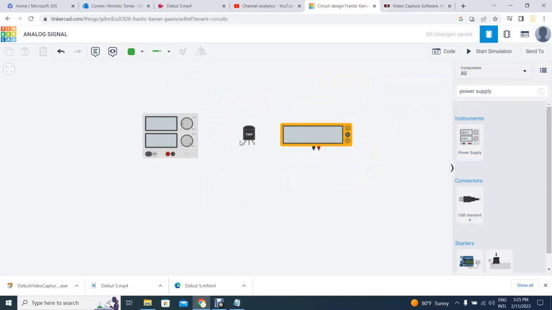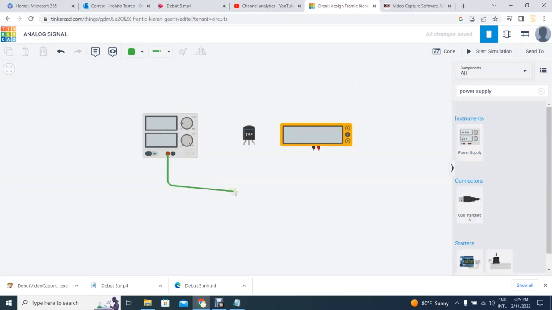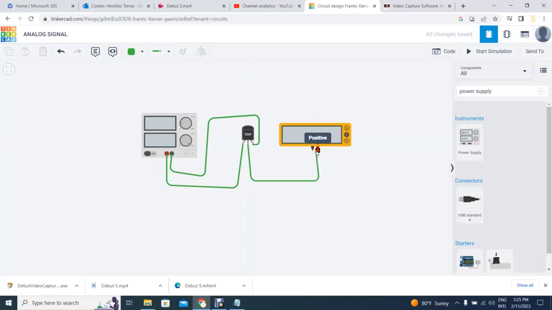Now, first of all, this guy needs power. So you need to check that this is 5 volt. Perfect. So very quickly we go here. We power this guy. Now this one is for ground. So we get the ground here. I'm gonna do this very quickly. So the idea is that you quickly understand how this TMP works. And now we want to measure the voltage out of this guy.